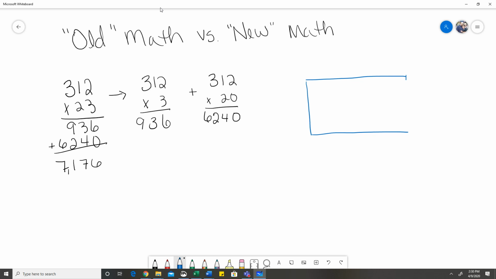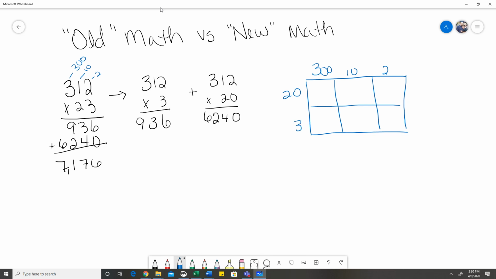Okay, they're having kids break it down into the place values. So the 3 is actually a 300. The 1 is actually a 10, and the 2 is a 2. So 300, 10, and 2. And then for the 23, it was 20 and 3.